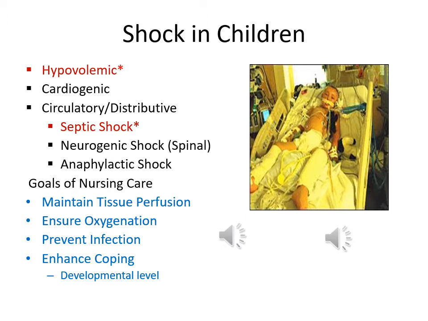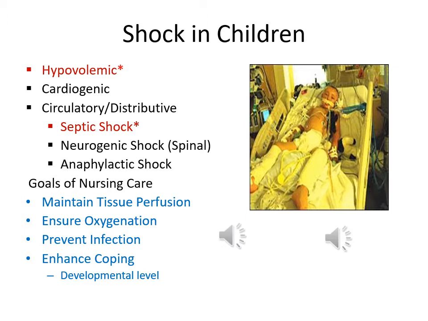So we'll start with shock in children, and basically it's the same as shock in adults, so we'll really just talk about what's different. So hypovolemic shock, I'm sure you're not surprised, is probably the most common form of shock in infants and children.